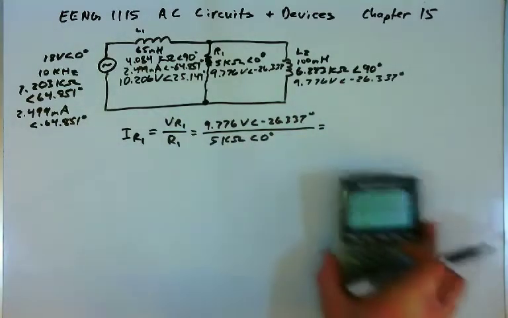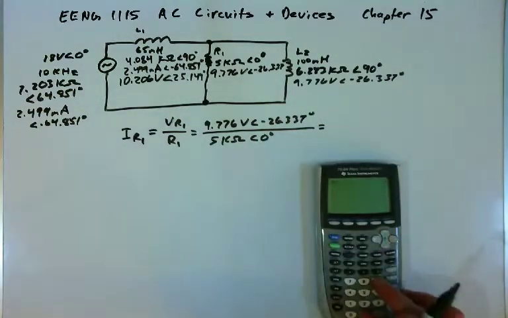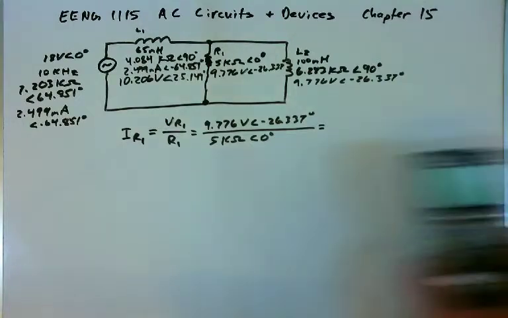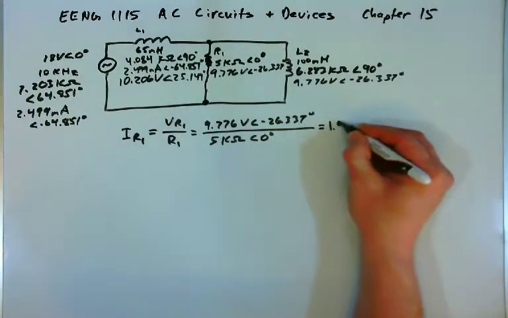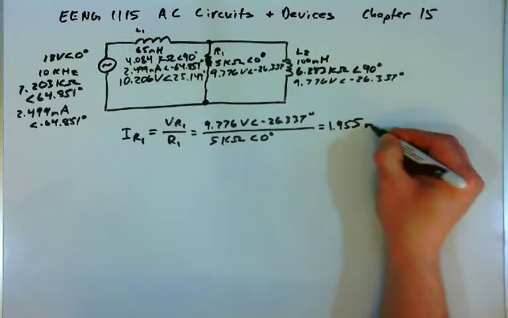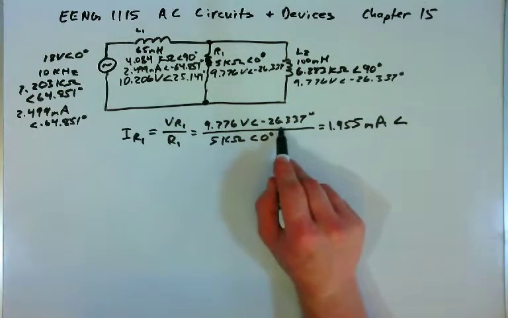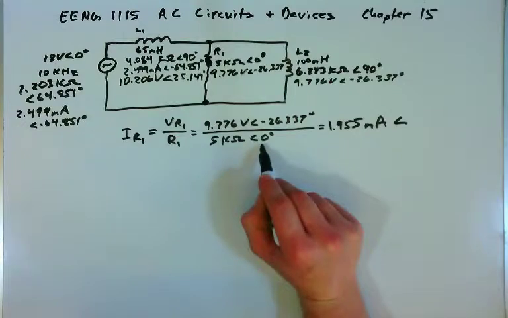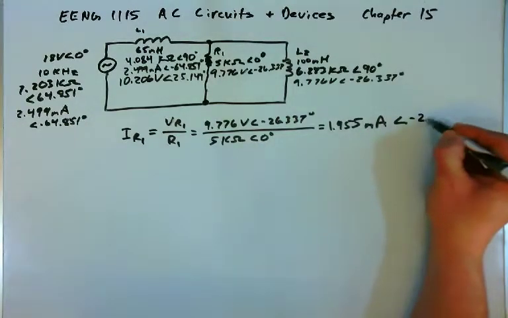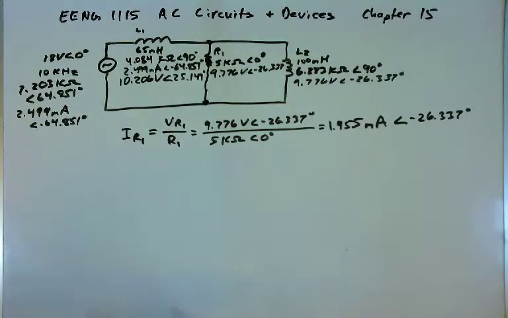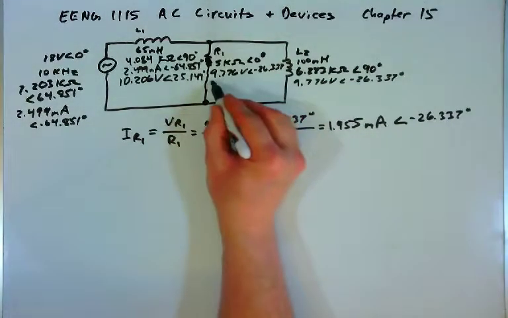We just divide the magnitudes and subtract the angles. So 9.776 volts divided by 5 kilohms gives 1.955, and that'll be milliamps. In the angles, we subtract: negative 26.337 minus 0 is still just negative 26.337 degrees. And so that will be the current through R1.